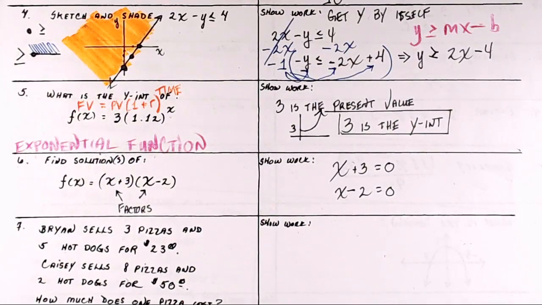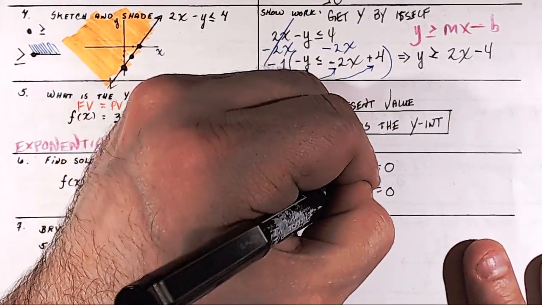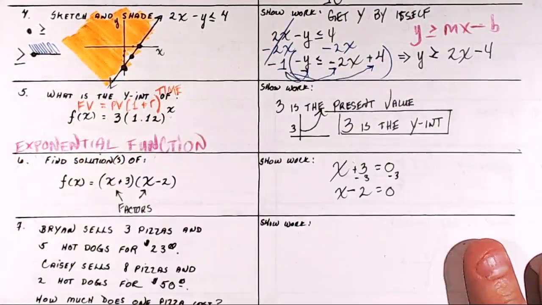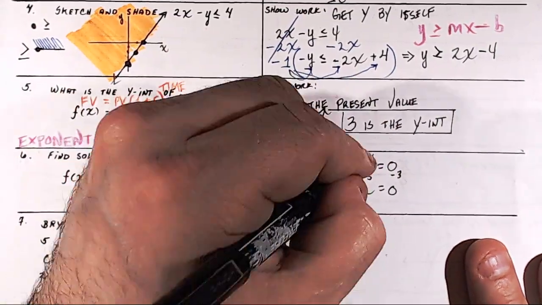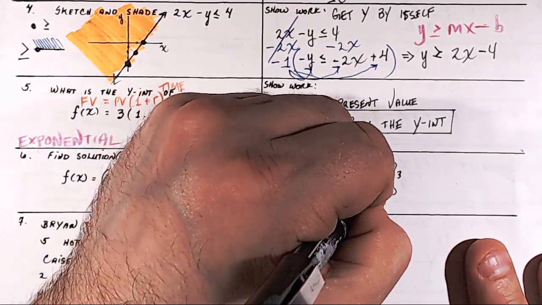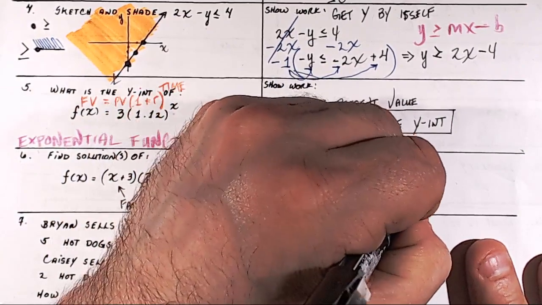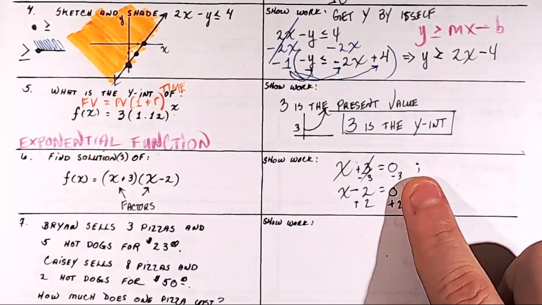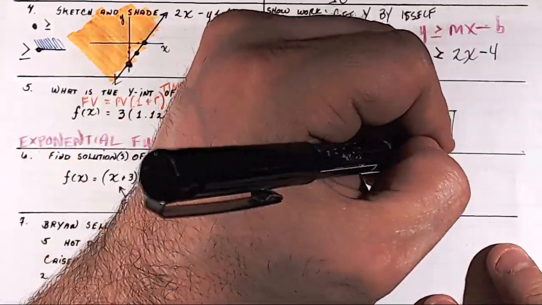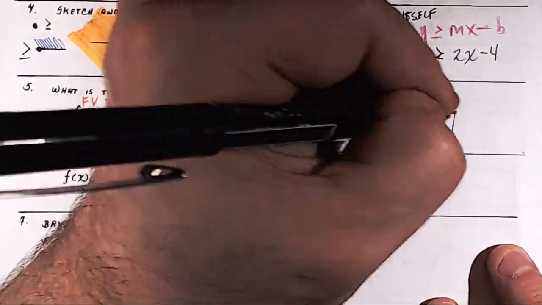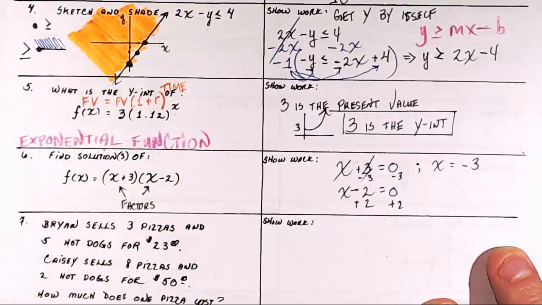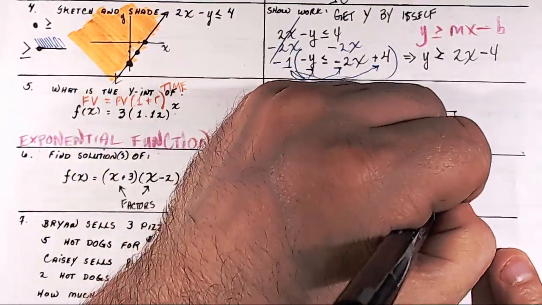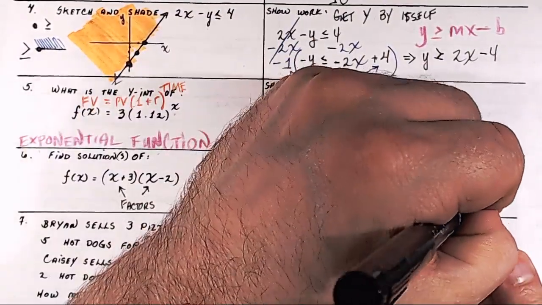And I solve for x. So minus 3 on both sides and plus 2 on both sides for this second one. So in this first factor, x plus 3 equals 0, x equals negative 3. You're just solving for x. In the second factor, x equals positive 2.